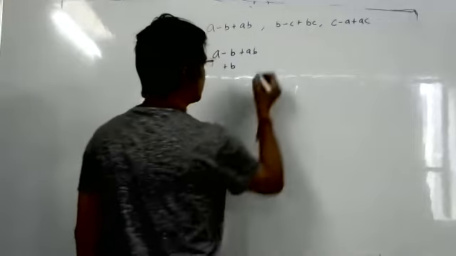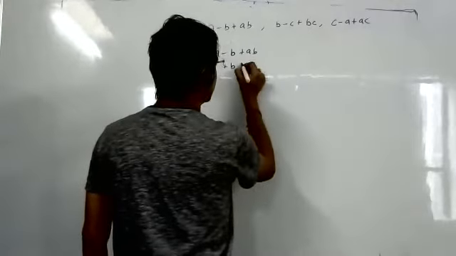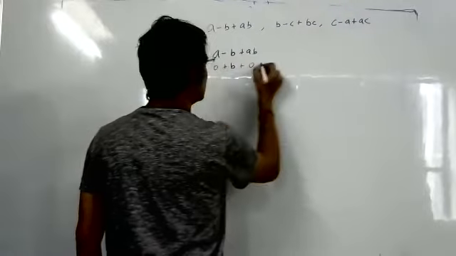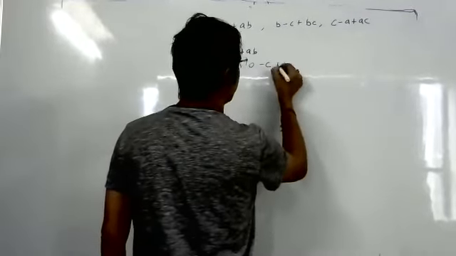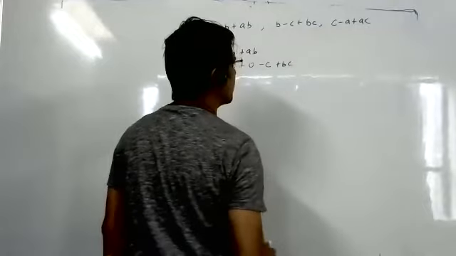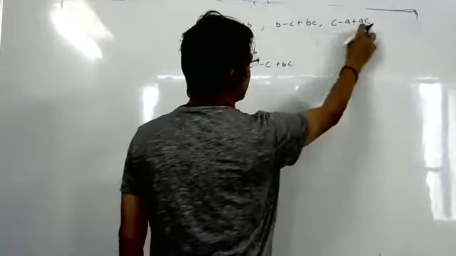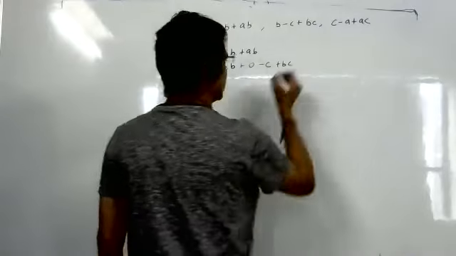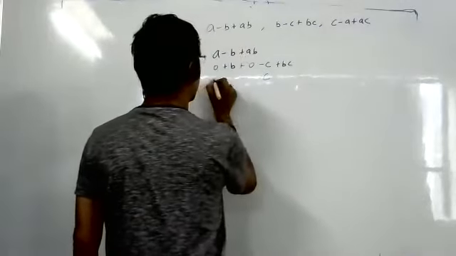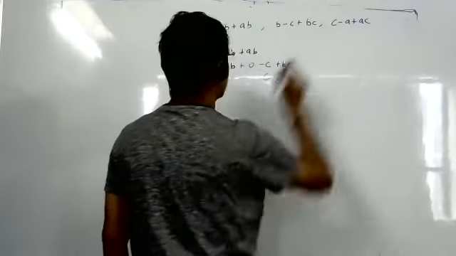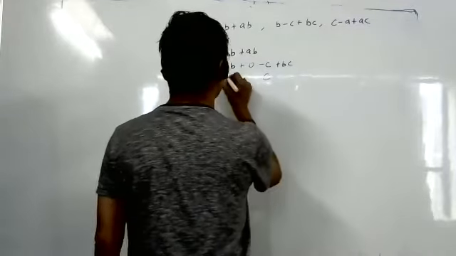So what to do? We'll keep this as 0, and we will add here minus C and plus BC. Now C minus A plus AC. I will write C here, C minus A under this, minus A plus AC. AC is nowhere.